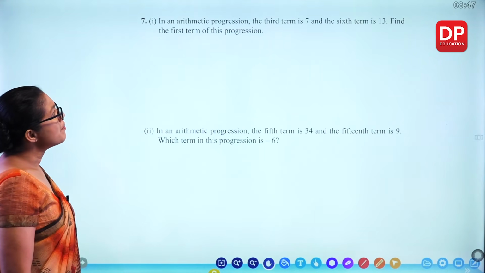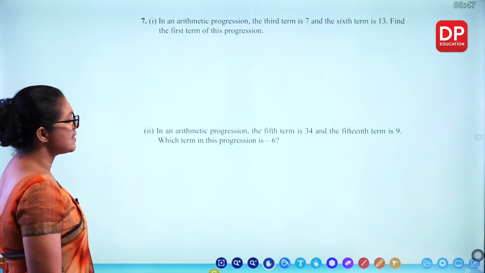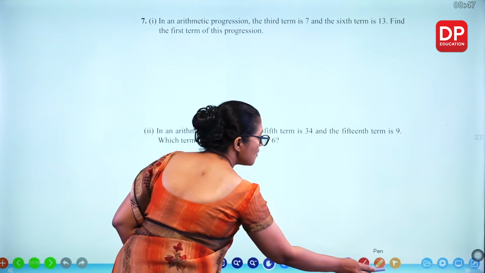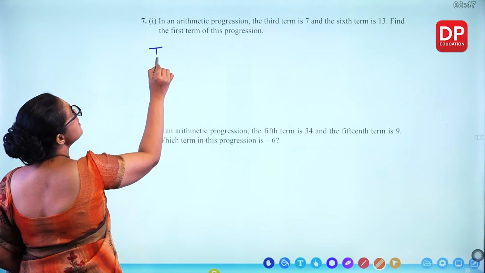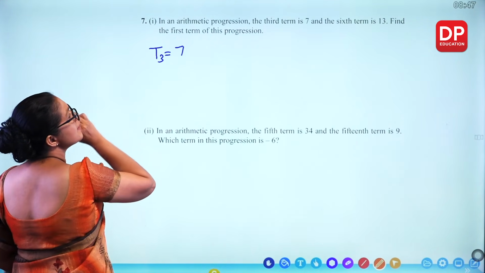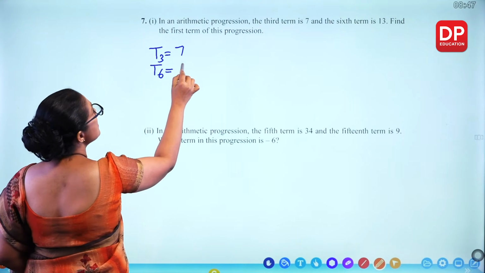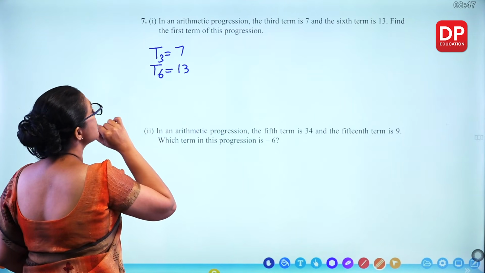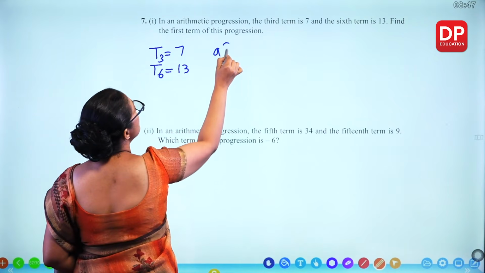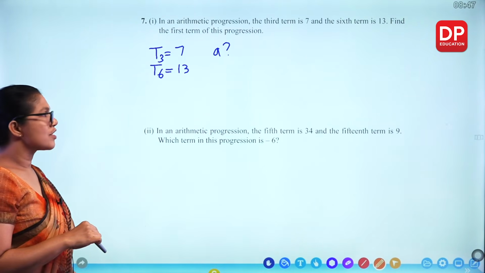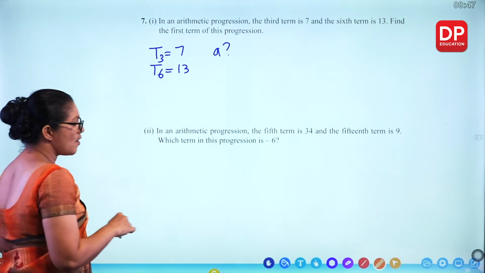In an arithmetic progression, the third term is 7. So we'll first do that. Third term is 7. And the sixth term is 13. Find the first term in the progression. So we'll write it down.